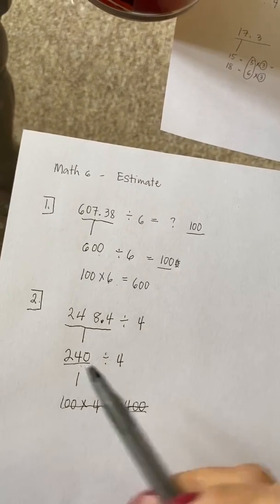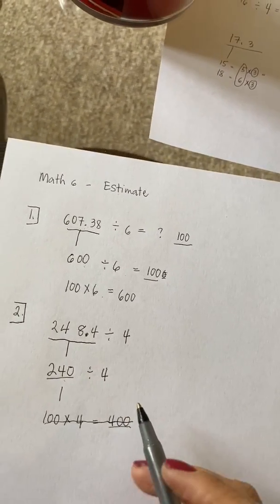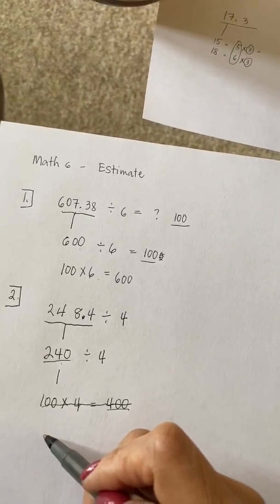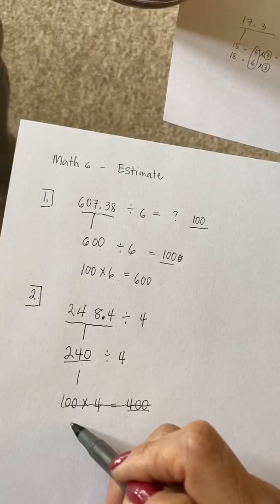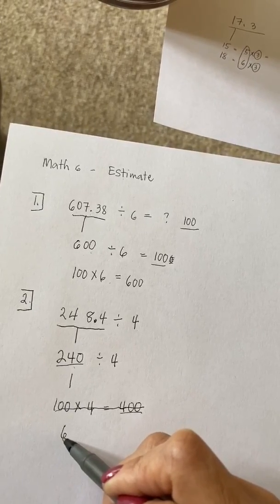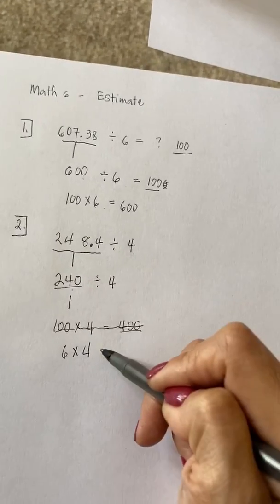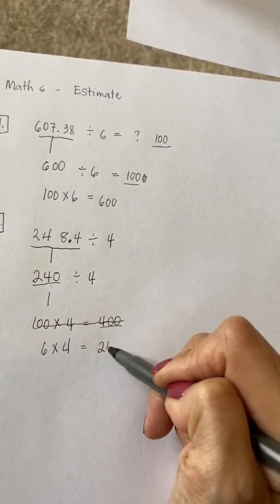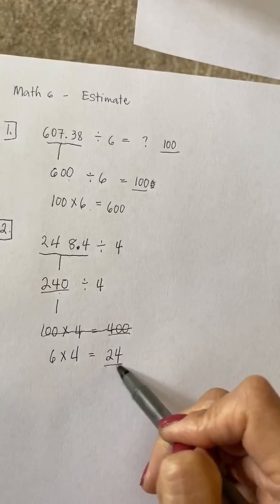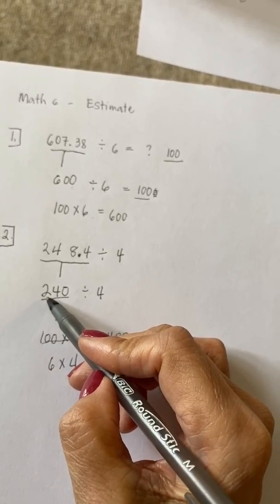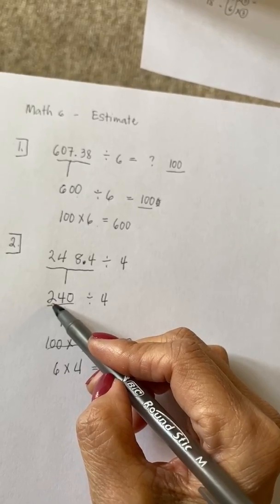All right. So 240. Let me start with a smaller number in my multiplication table. I will say 6 times 4 is equal to 24. Our number, our dividend is 240.